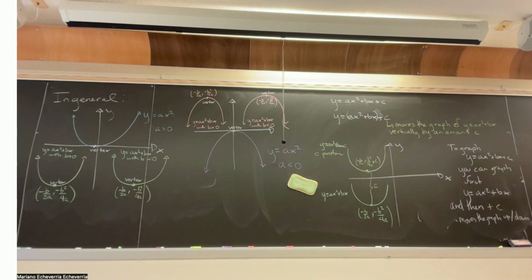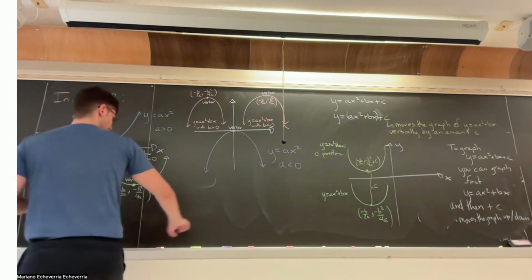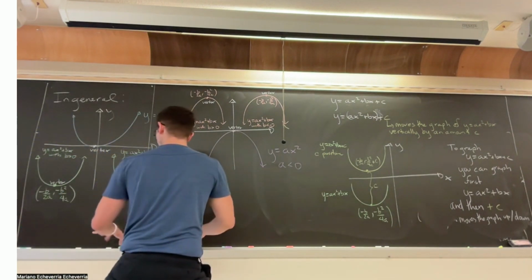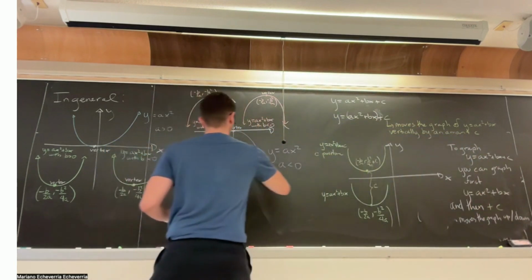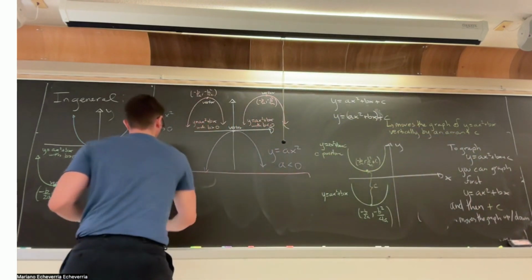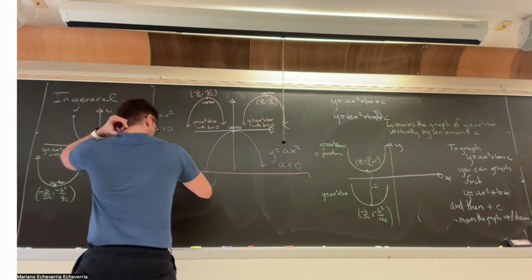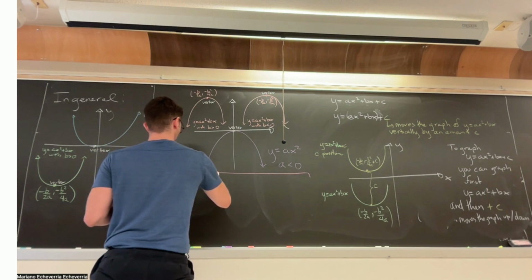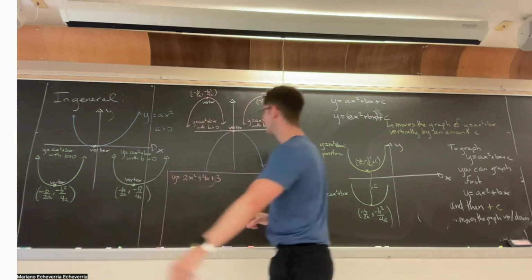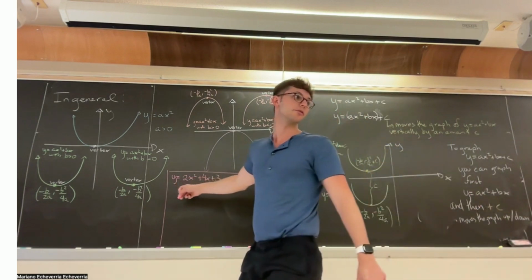Let me do it for one. I'll put it here, where I have some room. Let's say I wanted this graph: 2x² plus 4x plus 3.